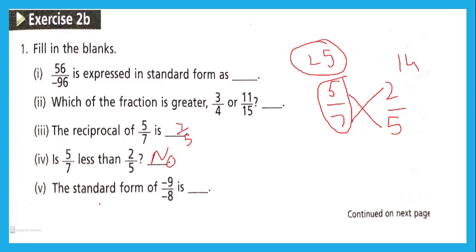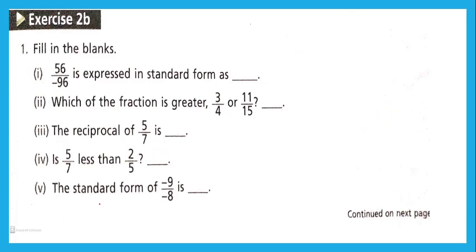The last one is: the standard form of minus 9 by minus 8 is. Now the standard form of this fraction, again let me just explain it to you. Minus 9 by minus 8. Now 9 by 8, these two numbers are already in the simplest form.